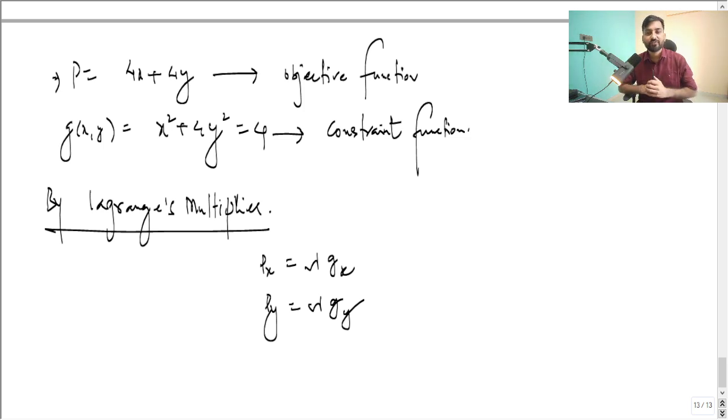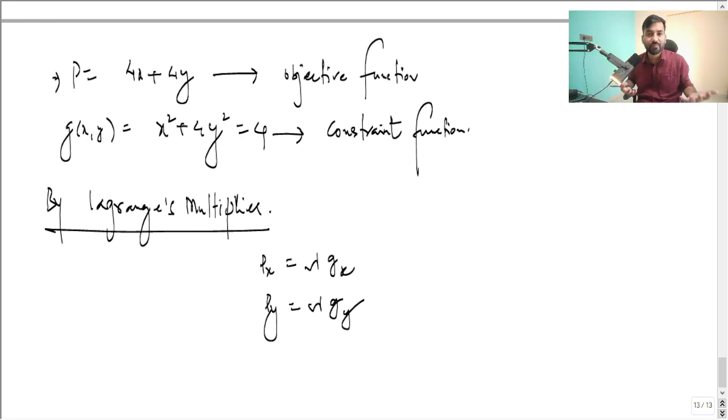I believe everybody knows the meaning of partial derivative. Keep in mind that whenever you are dealing with more than one variable, forget about your usual derivative that you know. You have to deal with the partial derivative, whenever there is a function of more than one variable. So what is the meaning of partial derivative?